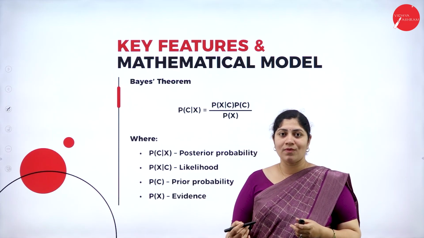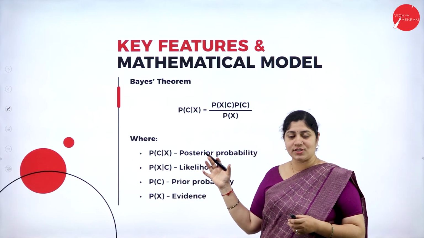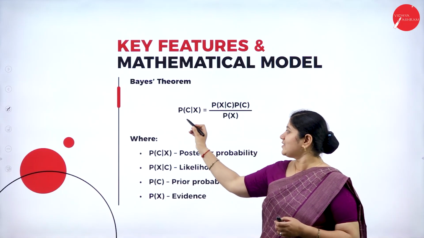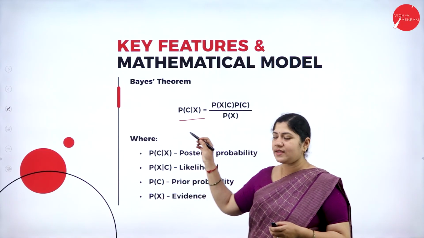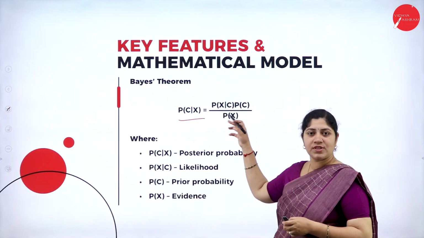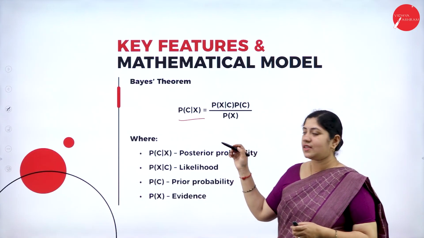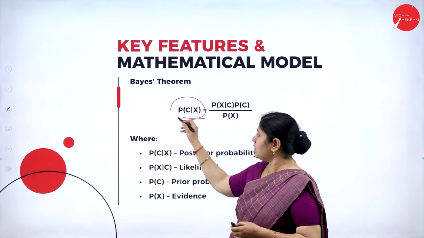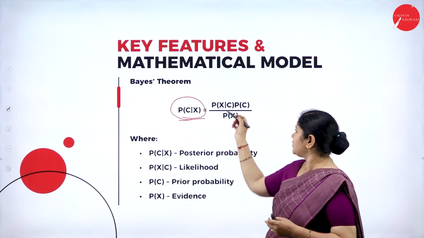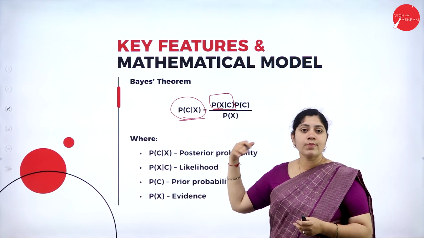Now let's move forward and understand the formula for this Bayes classification. Yes, definitely there is a particular formula. Here it is: P of C given X is equal to P of X given C into P of C divided by P of X, where in general we can say that the posterior probability P of C given X is equal to the likelihood, yes, this is the likelihood, into the prior probability.